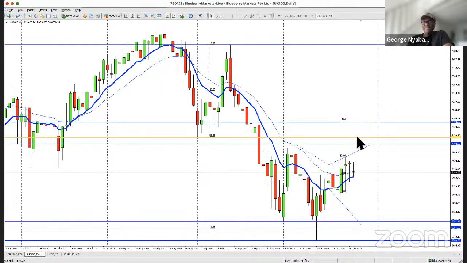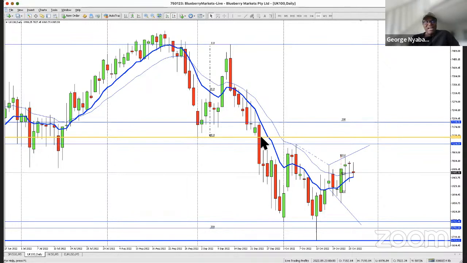That day broke out beneath the low of August, so that's why we have this as the bear breakout point, 23rd September. So that gold line represents the breakout level.